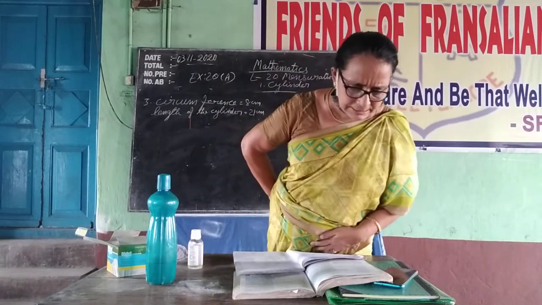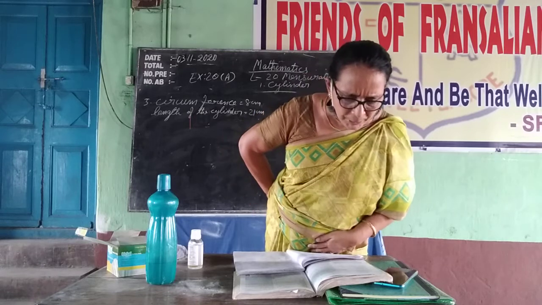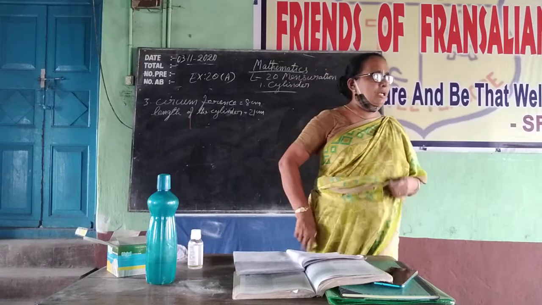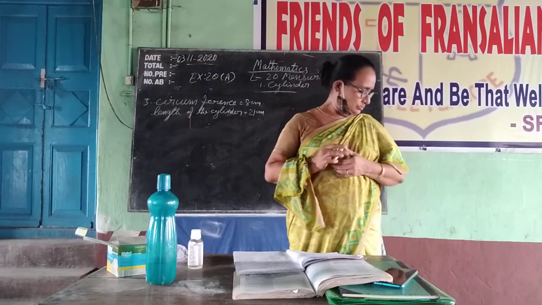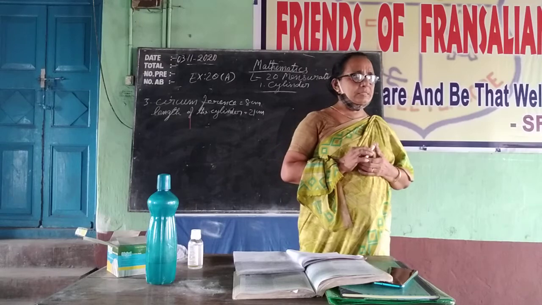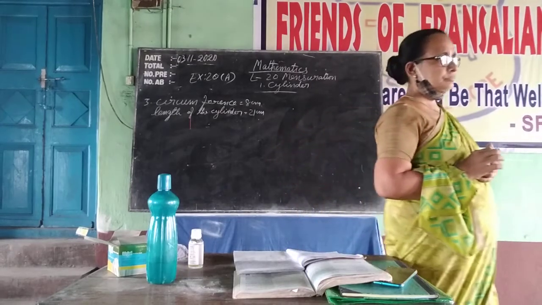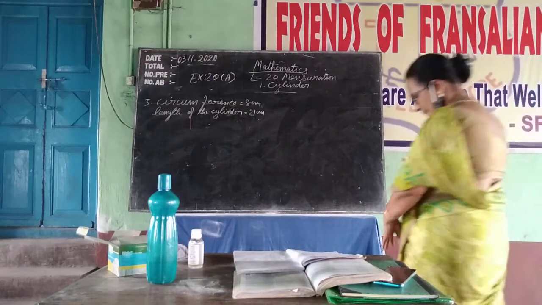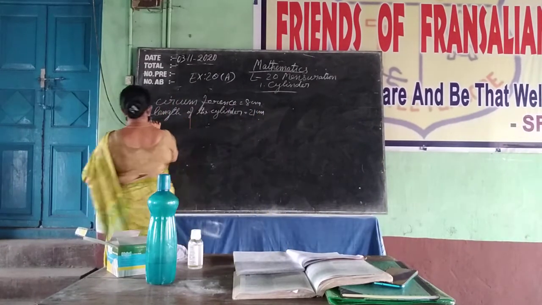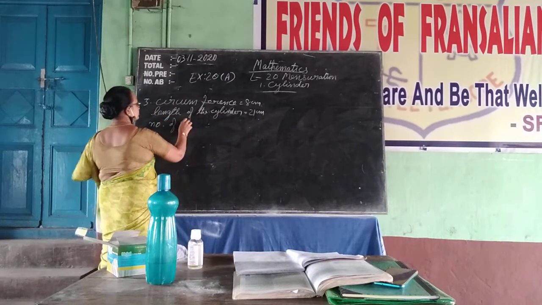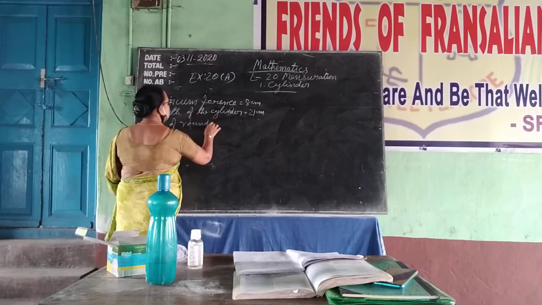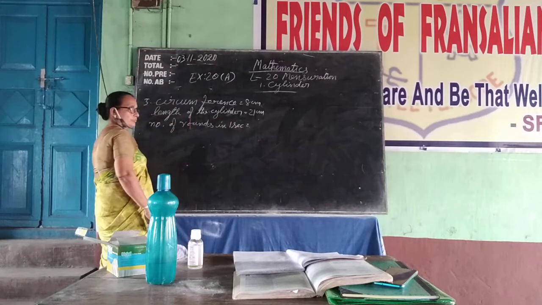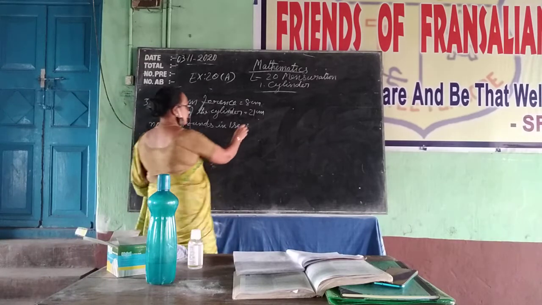Sorry, that is circumference, not radius. That is the previous question you have to see. Number of rounds in 1 second is 9.